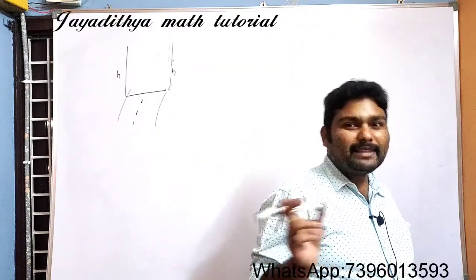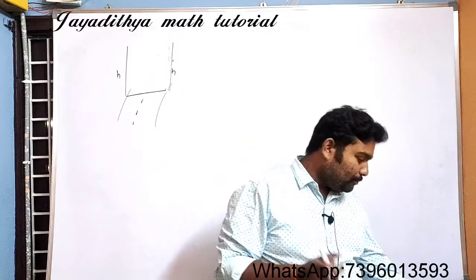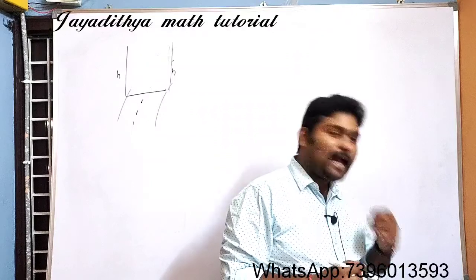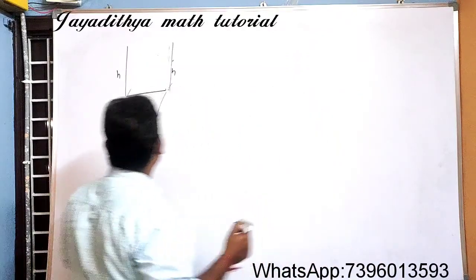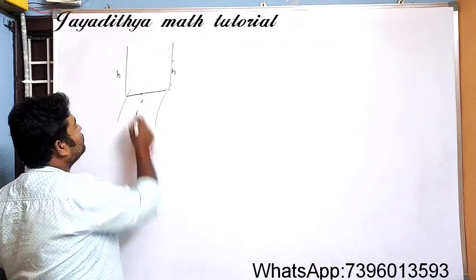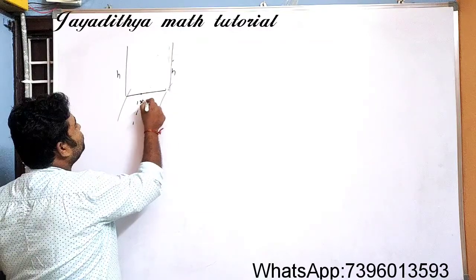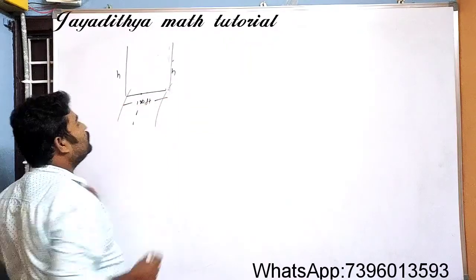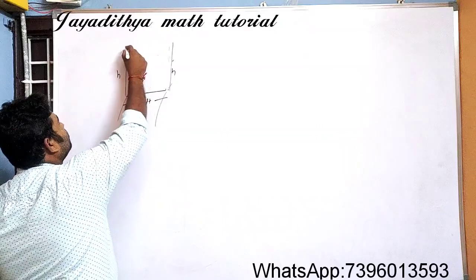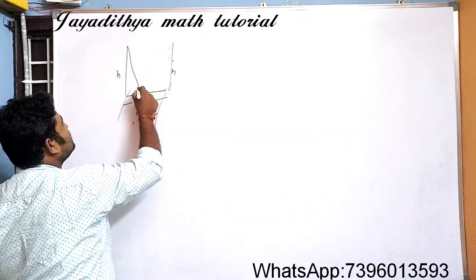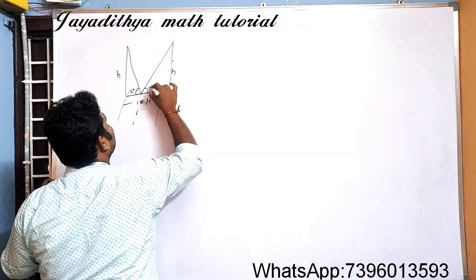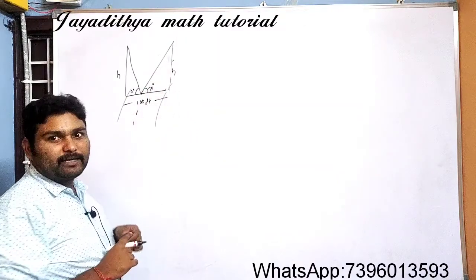From a point between them on the road, the angles of elevation of the top of the poles are 60 and 30 degrees respectively.